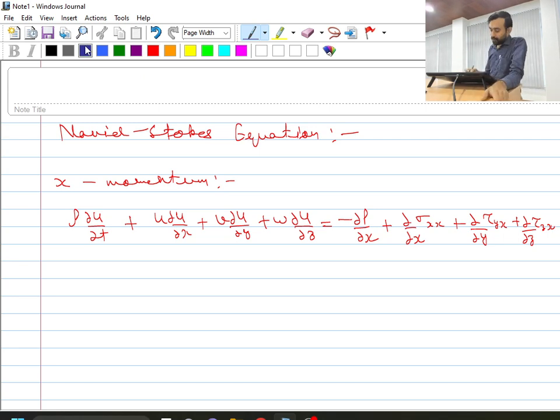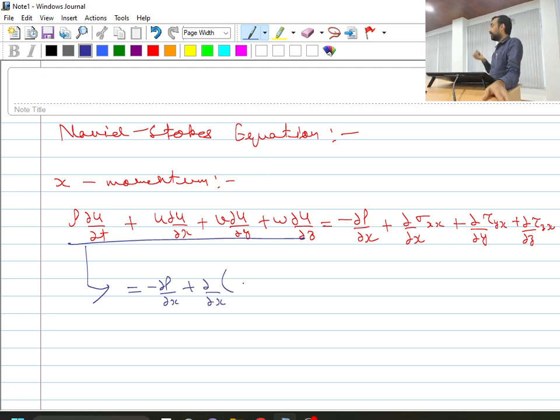Okay. So now what we will do, we will substitute our stress tensor particularly in the right hand side. So now I will just put an equal to sign. Left hand side will be as it is, this entire term, and in the right hand side I will be having minus del p by del x plus del by del x of sigma xx. Now can you tell me what was the value of sigma xx we derived yesterday? Sorry, this del p by del x was not here.